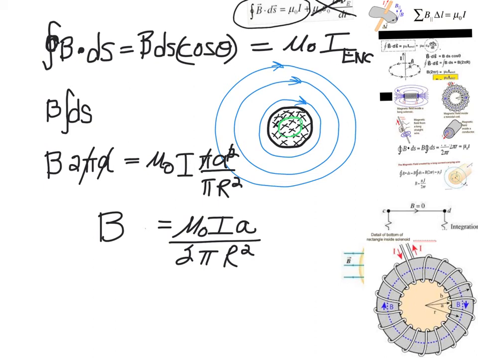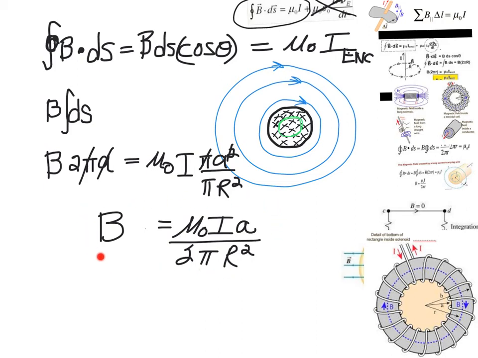The other check: expand the green circle until it matches the outer part of the wire, so a equals r. Then we have mu naught I r over 2 pi r squared, which is mu naught I over 2 pi r, exactly the result we got for being at the surface or outside the wire. So that all makes sense, and our result looks good.